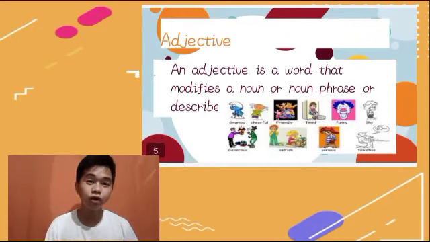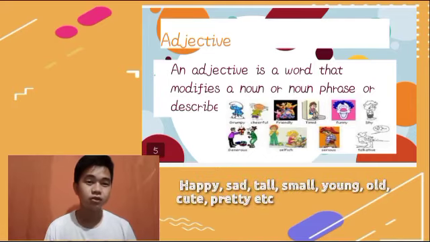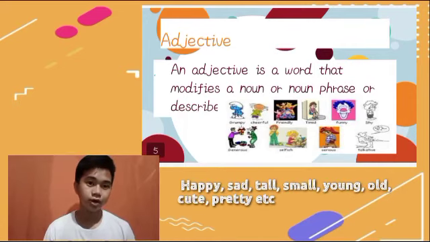Next, we have the adjective. An adjective gives more information about nouns and pronouns in a sentence. Some examples of these are happy, sad, tall, small, young, old, something like that. These are words that are paired with nouns or pronouns, and most of the time, adjectives are next to the pronoun or noun.